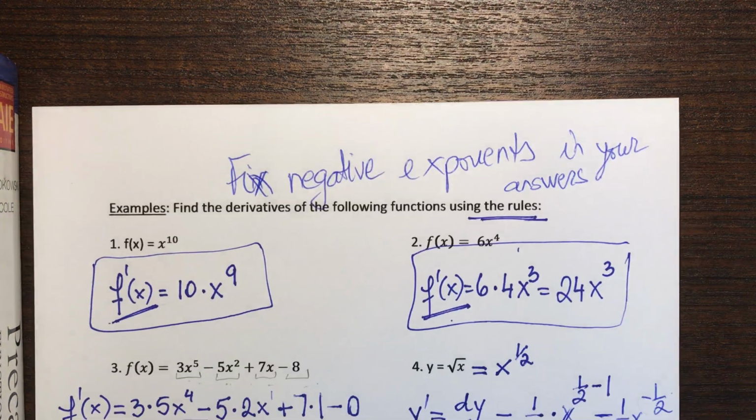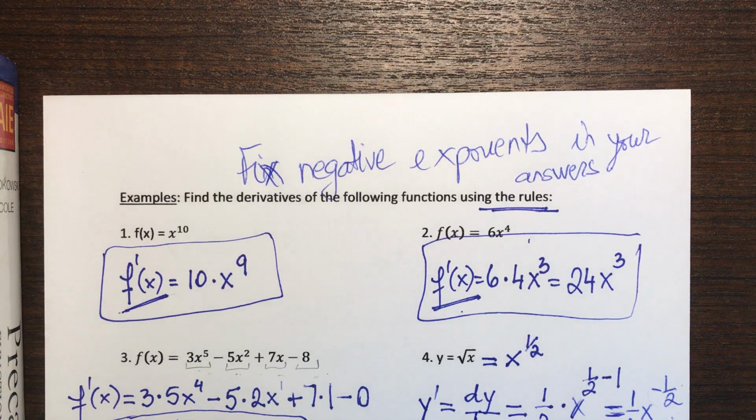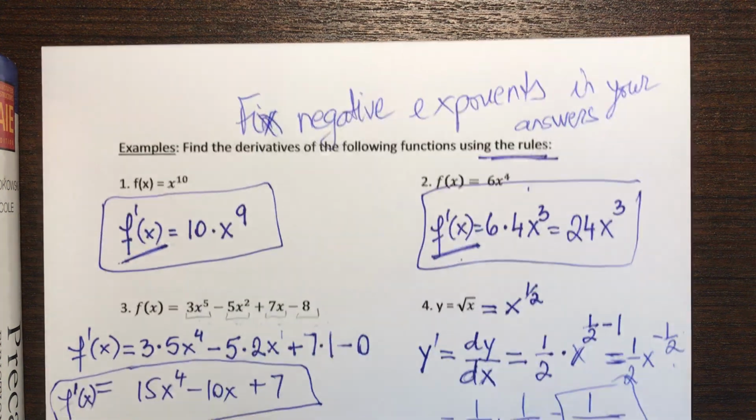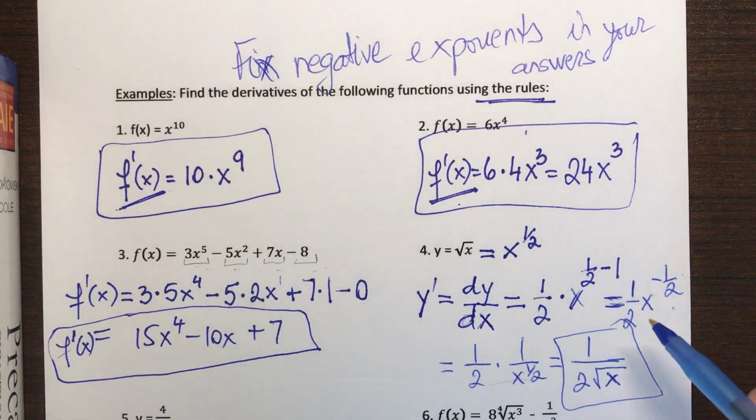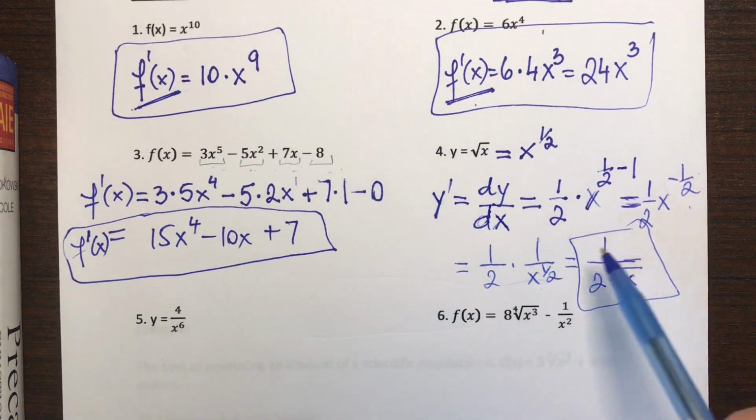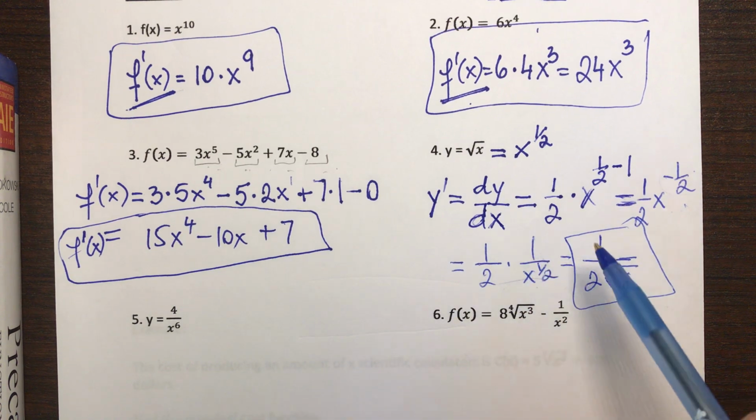It's going to say make sure your answers do not have negative exponents. So just because you could find a derivative doesn't mean that you should stop right there.